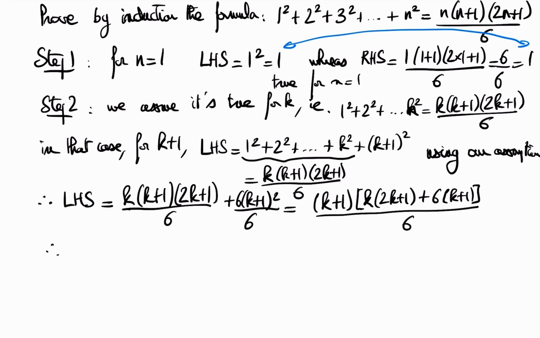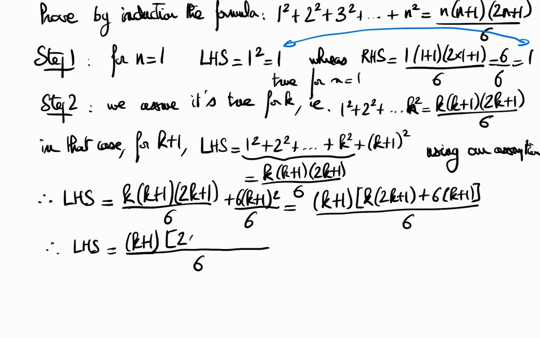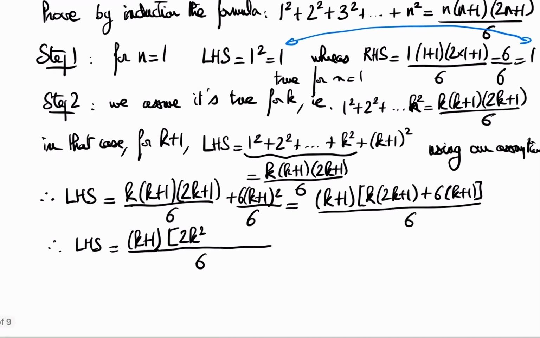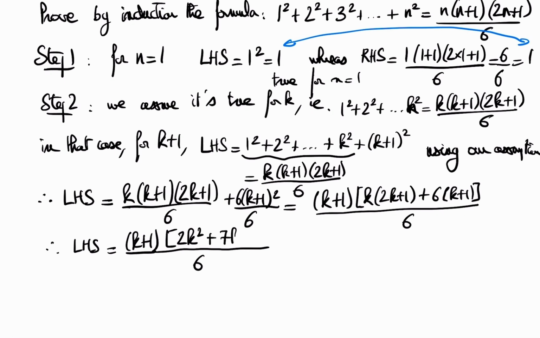So that means that the left-hand side is equal to k plus 1 over 6, and then inside the bracket we have 2k squared, then plus k plus 6k, so that's plus 7k, plus 6.